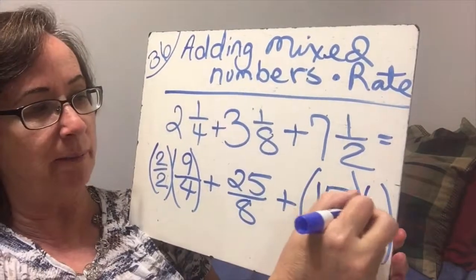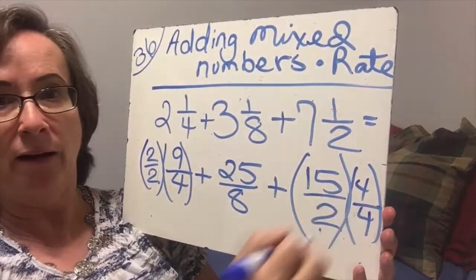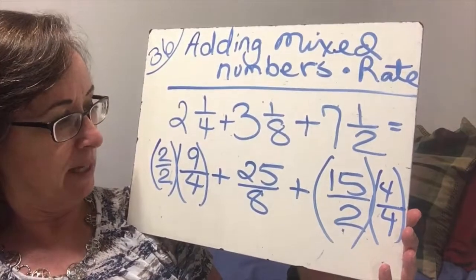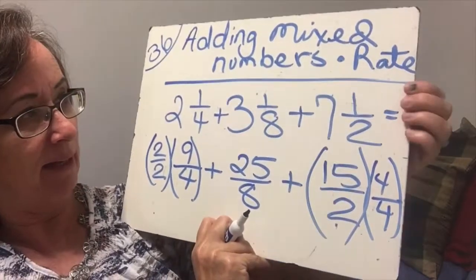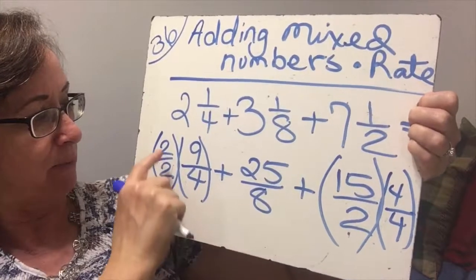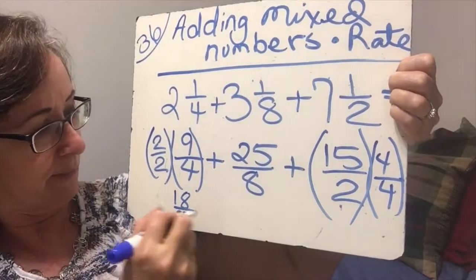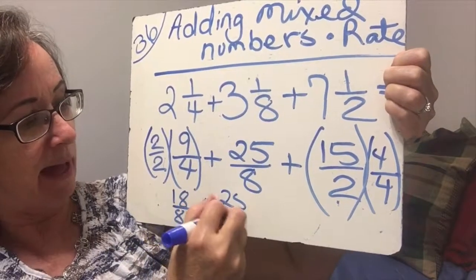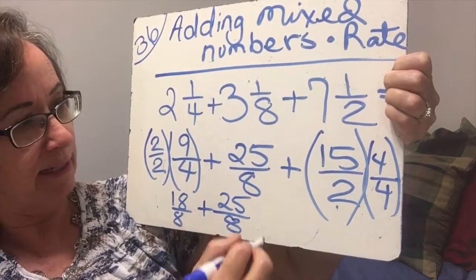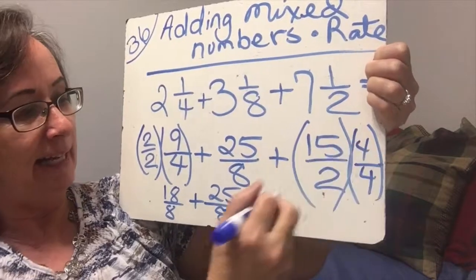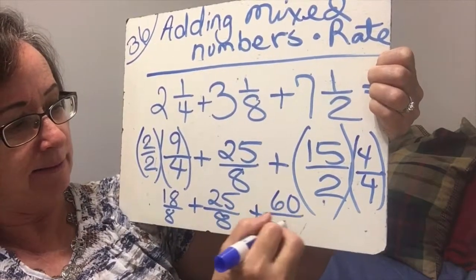So we're going to multiply by 1 in the form of 4 over 4. So now when I simplify this, we're going to get 18 over 8 plus 25 over 8 plus 60 over 8.